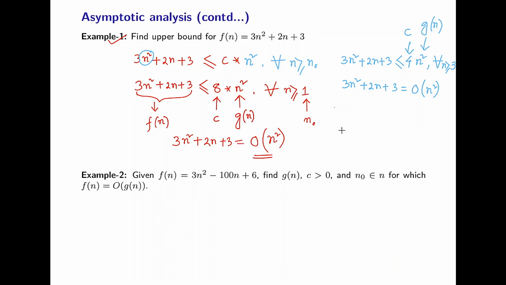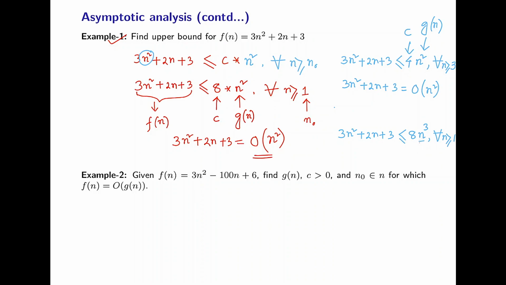So here, if I want to write that 3n square plus 2n plus 3 is less or equal than, let's say, again I am writing 8, so 8n cube. If I write cube, then also it will be true for all values of n greater than or equal to 1. Right?